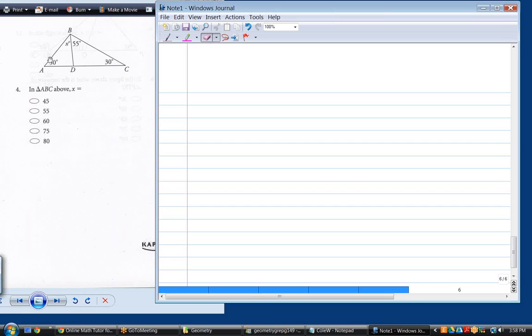Not x, but angle ABC. By looking at the biggest triangle, what is it equal to? This is 90 degrees, this is 30, that's 50. What's that big angle got to be equal to? 100. Now if that whole thing is 100, what is x? 45. You got it.